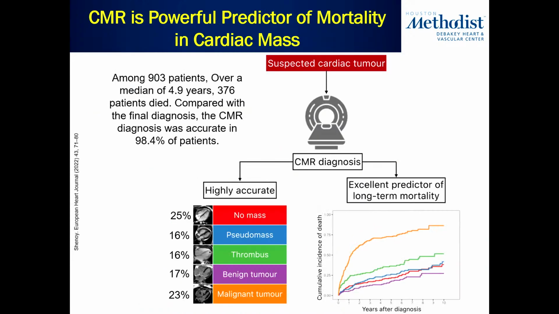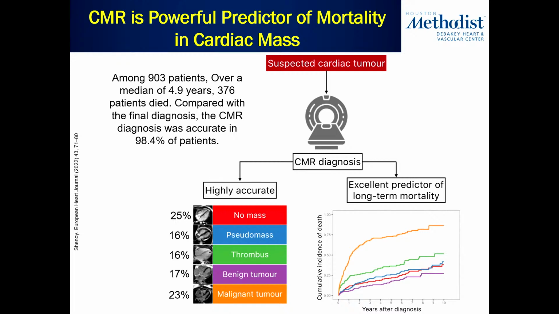And this final slide just goes to show you that what we tell you in the CMR lab has prognostic value as well. This was a study that looked at 903 patients with masses. You can see the distributions of the masses here: either no mass, a pseudomass, a thrombus, a benign tumor, or a malignant tumor.